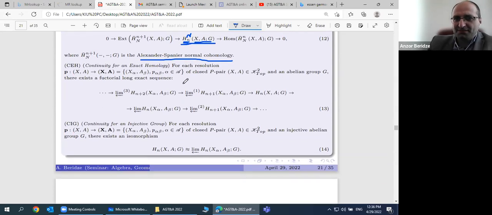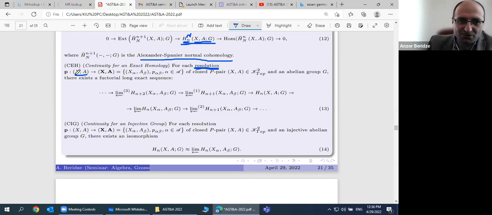The second property is the following: if we take a pair of topological spaces and a resolution in the sense of shape theory. Of course, not every inverse limit is a resolution, but on compact topological spaces, resolution and inverse limit are the same.